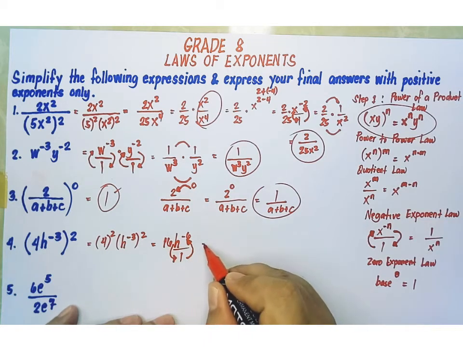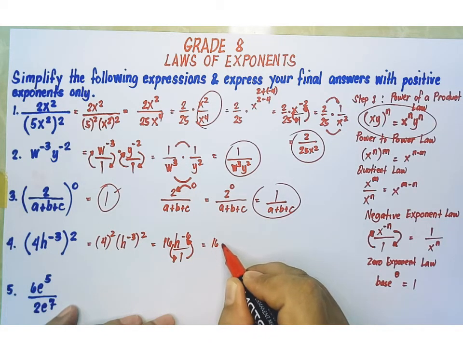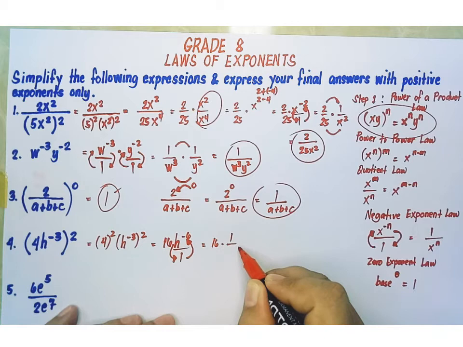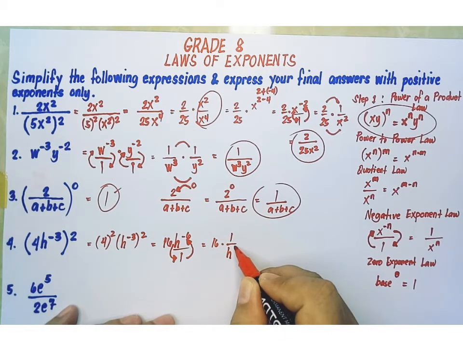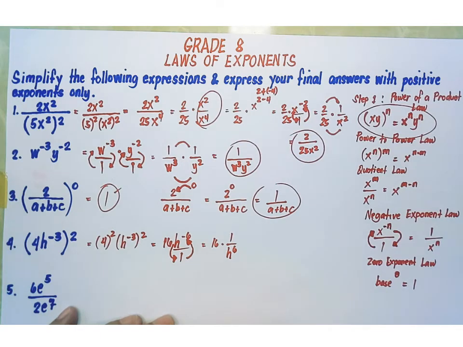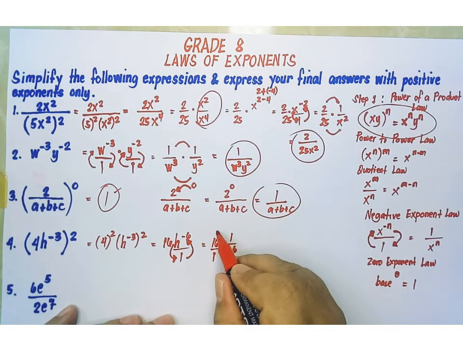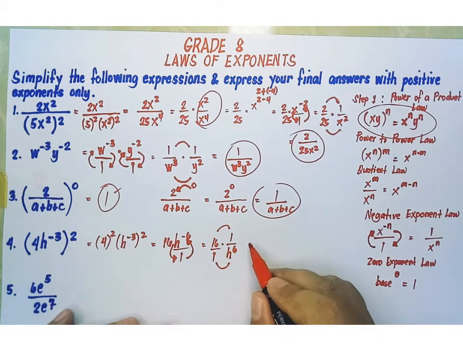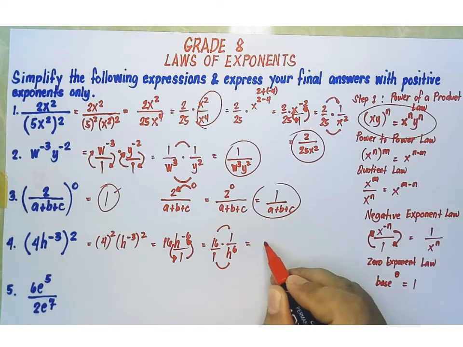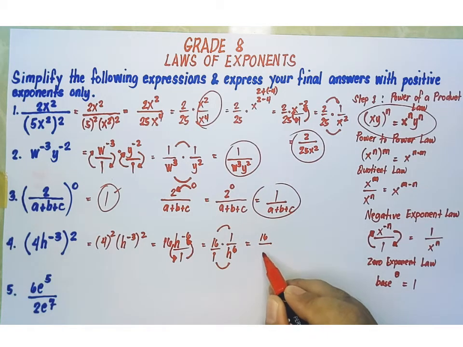Magiging 16 times 1 over h, and your exponent becomes positive. This is also over 1. Numerator times numerator, denominator times denominator. So, we have 16 over h raised to 6. This is our final answer.